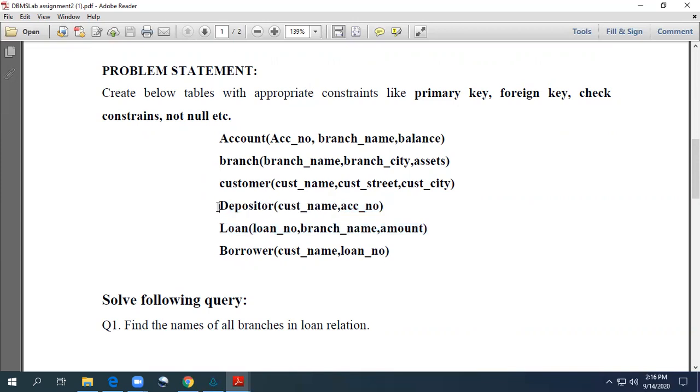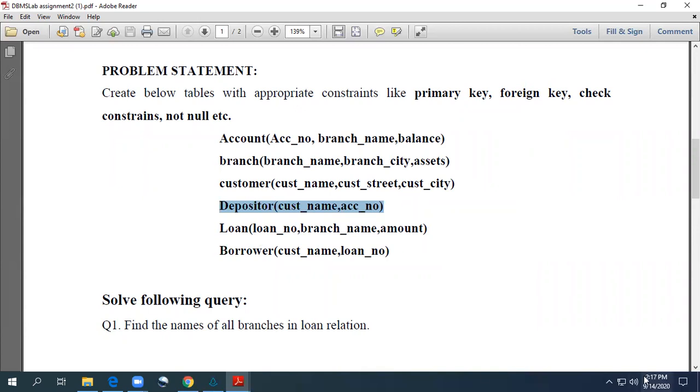These are the relationship sets, depositor and borrower. They give the information about the customers who have a saving account and those who have a loan account in the bank. So definitely we need the depositor relation and the borrower relation, right?